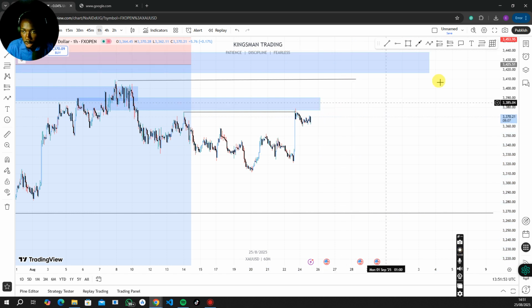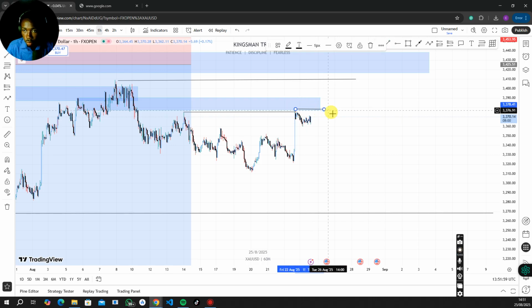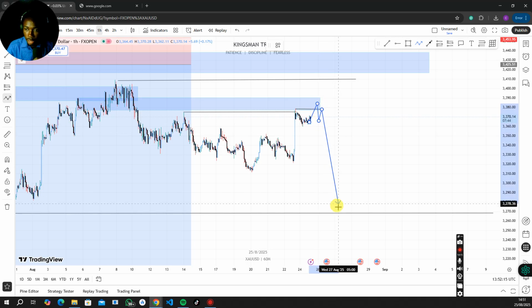So right now, I'll be anticipating for price to take this out and then give us this particular rejection. After that rejection, I'll be looking for my entry at somewhere like this, and then I'll short and target this point.